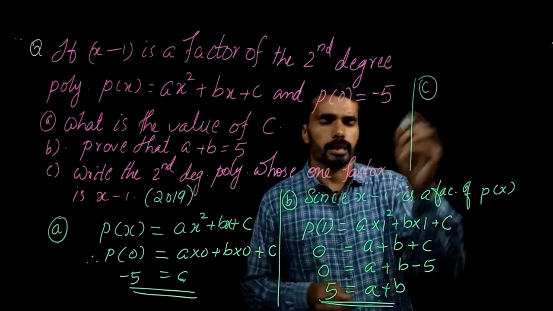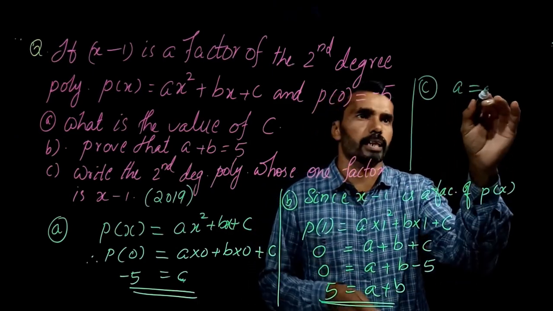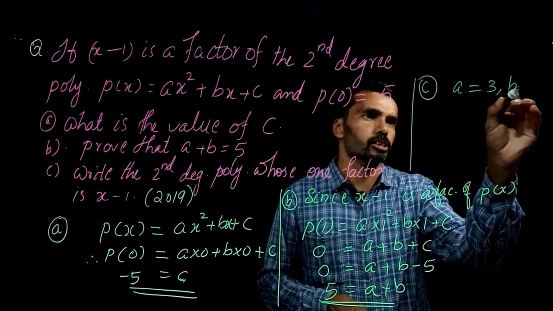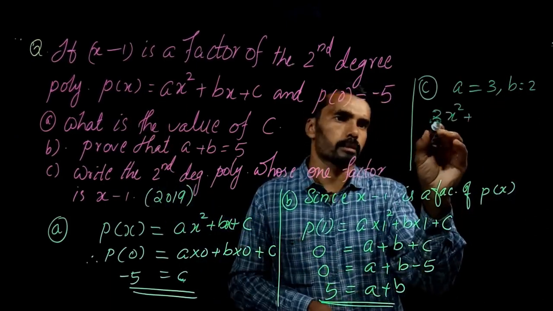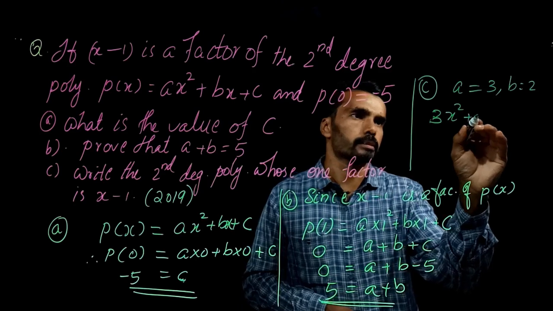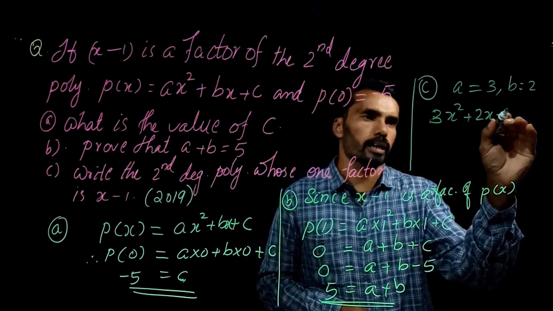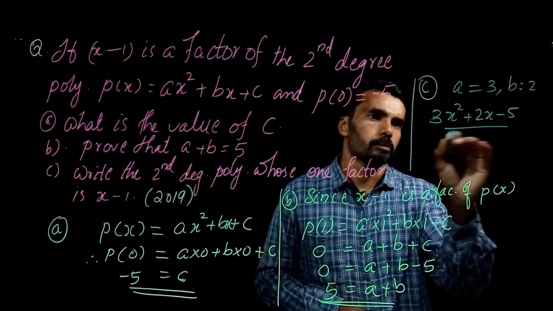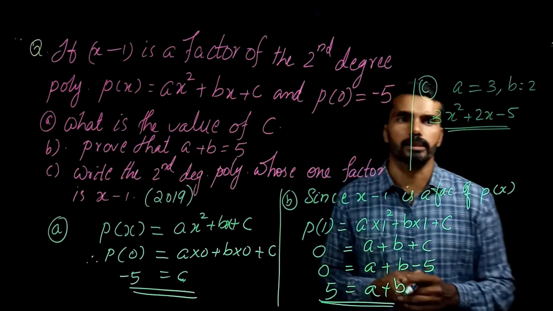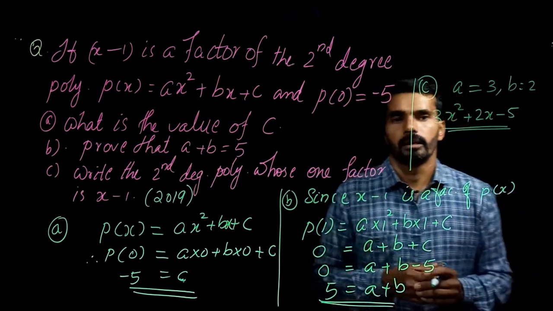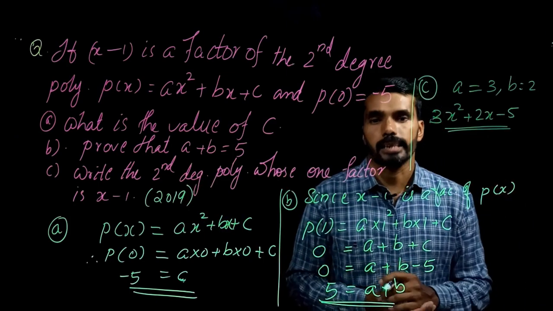In any case, we get a is equal to 3 and b is equal to 2. So the equation is 3x square plus 2x minus 5, or 2x square plus 3x minus 5 is the second degree polynomial whose one factor is x minus 1.